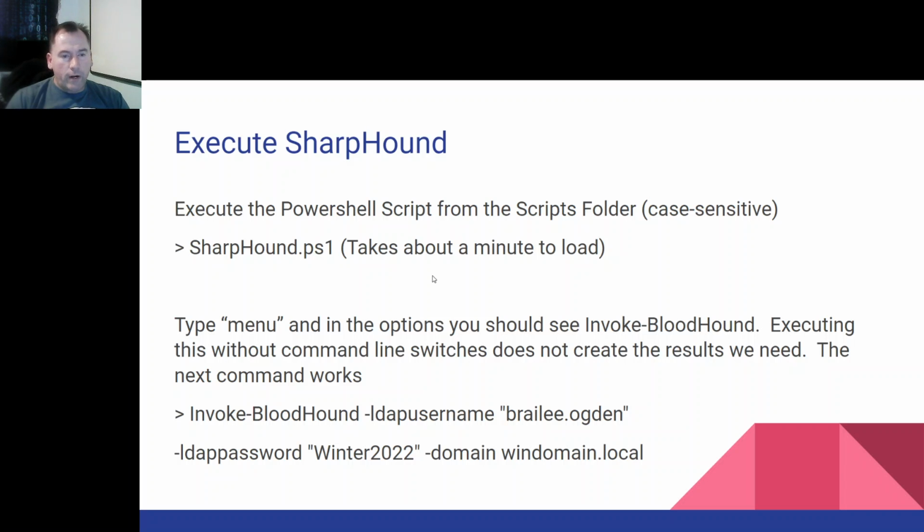So to execute it properly, we need to do Invoke-BloodHound -LdapUsername Braley Ogden -LdapPassword winner22, and specify the domain as windomain.local. We could also add the command line switch of -CollectionMethod All, but what I'm conducting is sufficient for this technique.